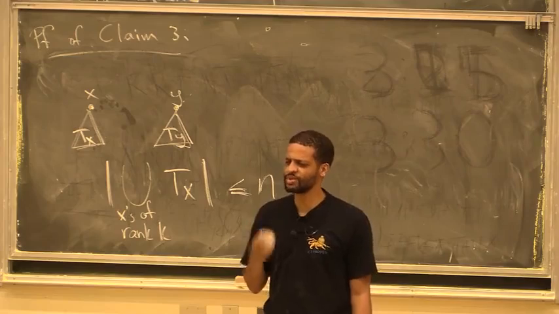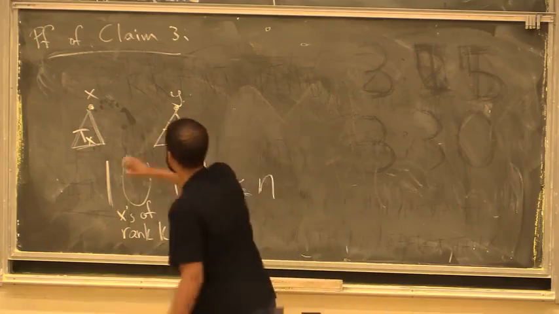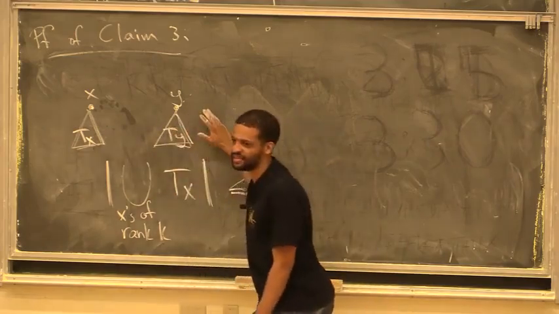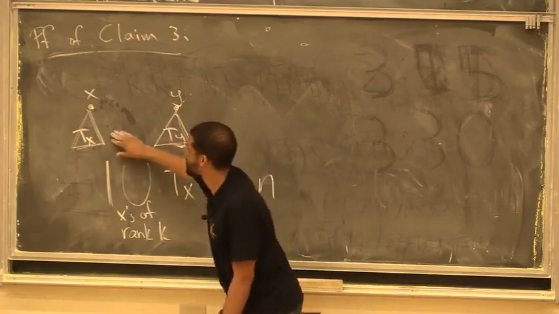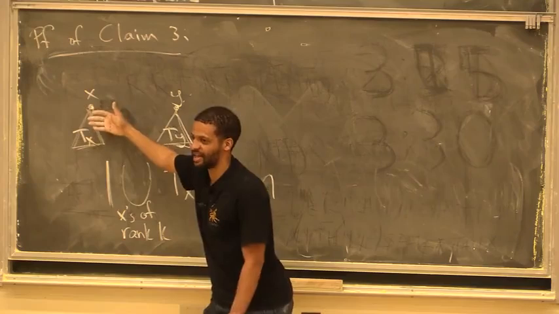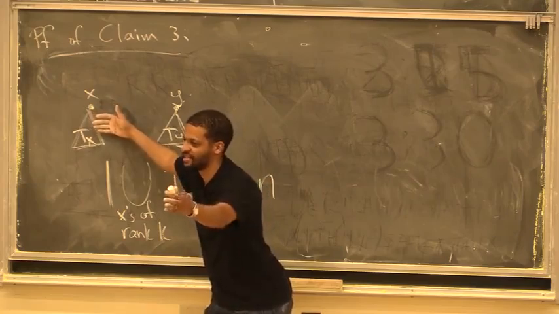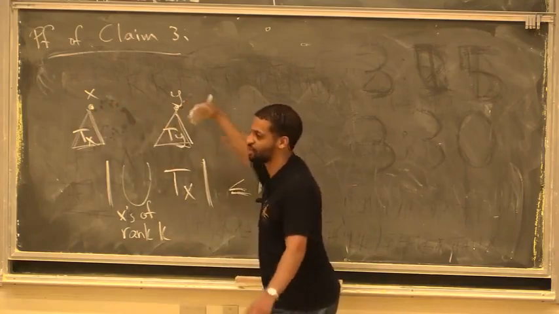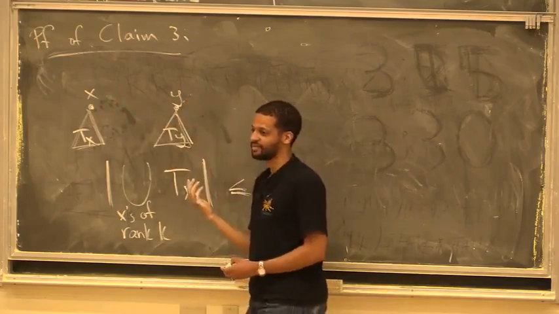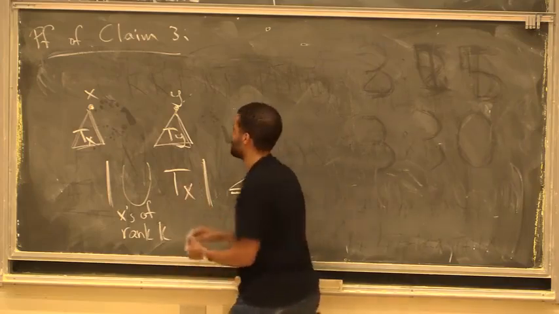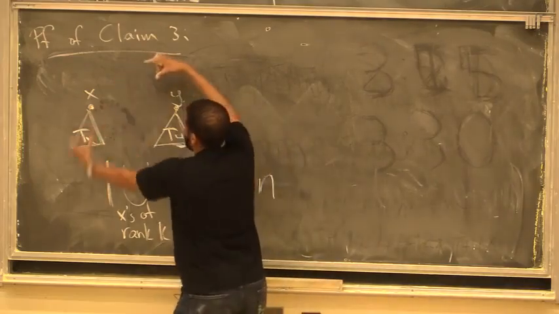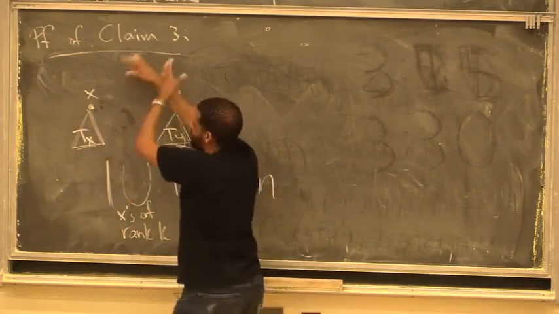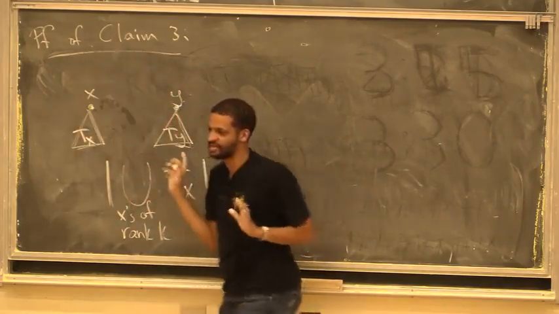It's not 100% obvious, because these trees don't exist at the same point in time. This is the tree under X when X became rank k, which was some point in the past. And this is the tree under Y when Y became rank k, which is a tree at another point in time. Things might have changed since then. They might have got union with some bigger tree. There was some path compression. Some of these guys got moved to be not in X's subtree anymore.